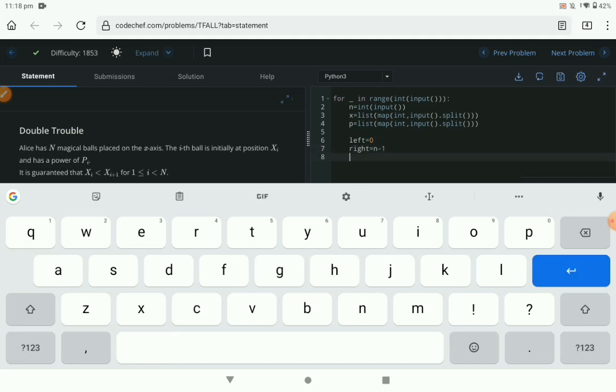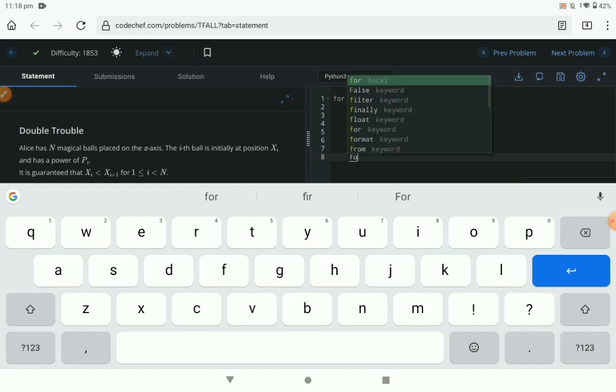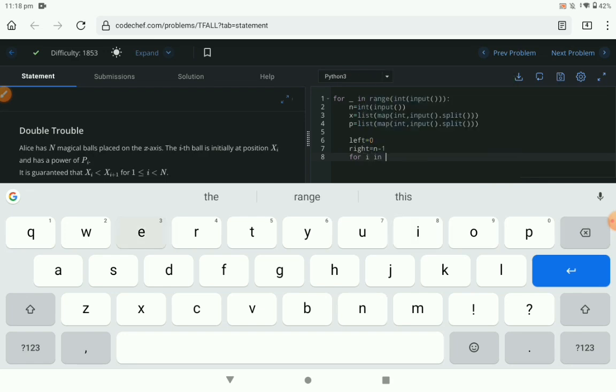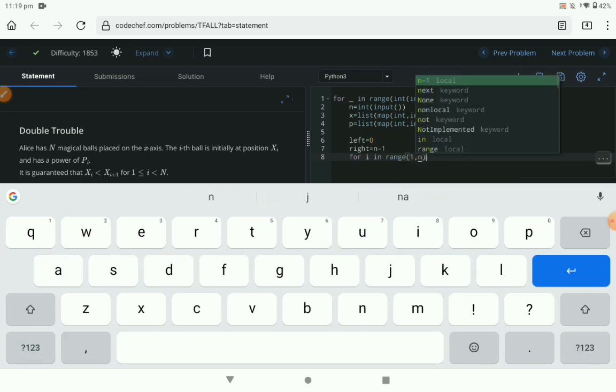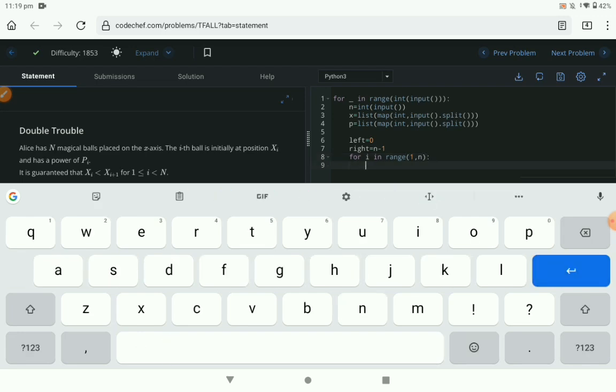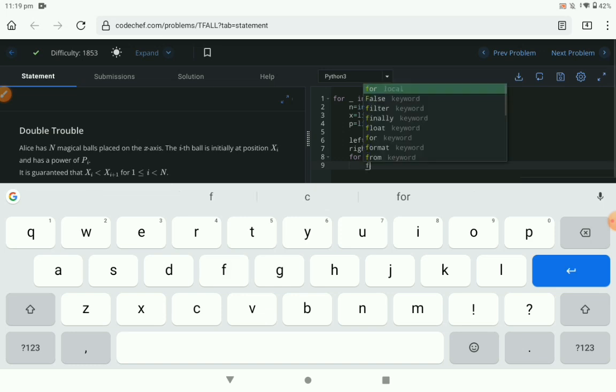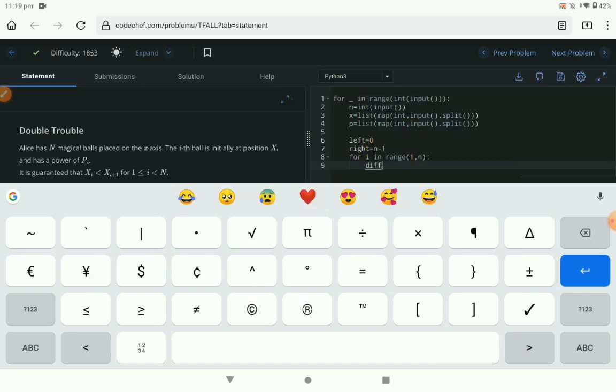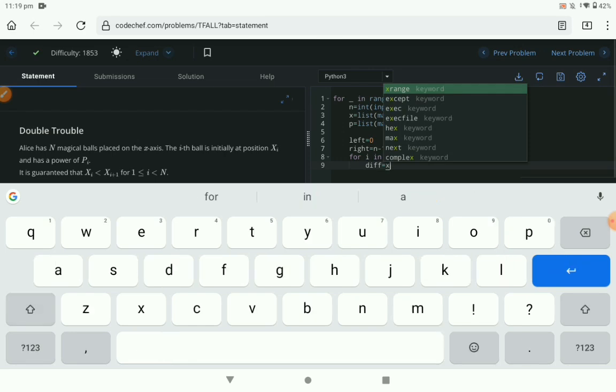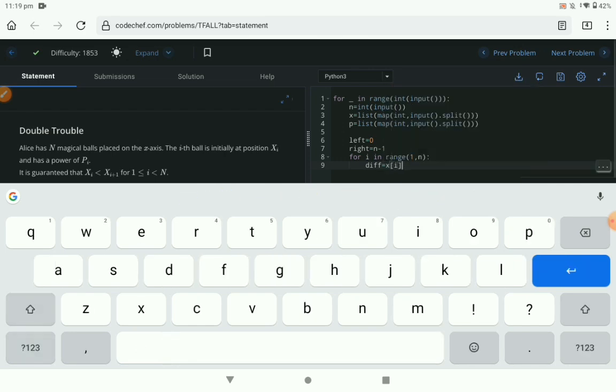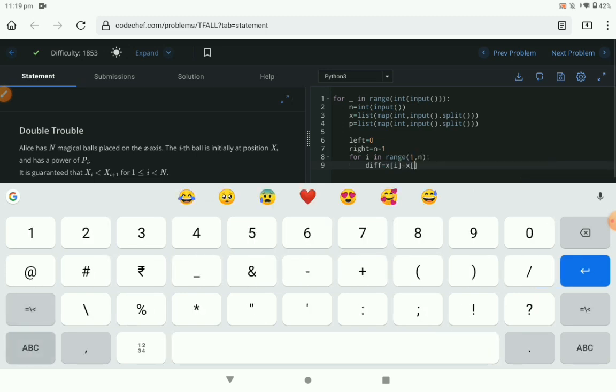Then I will run a for loop for i in range 1 to n, checking the difference of p of i minus p of i minus 1.